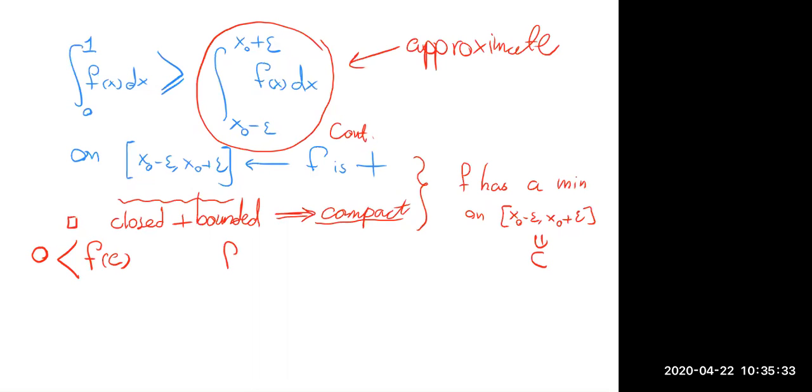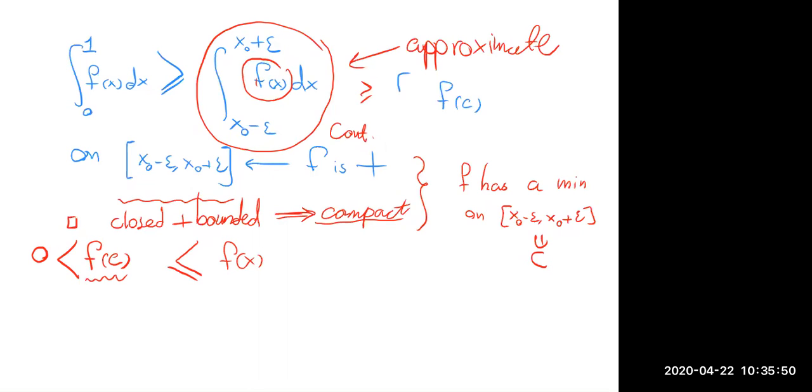So f of x is greater or equal than f of c because f of c is the minimum, but f of c itself is positive.